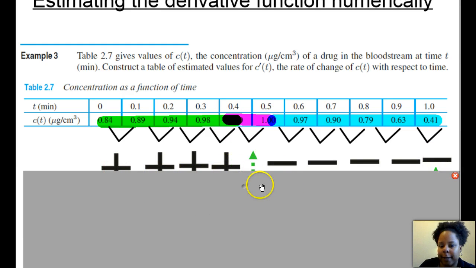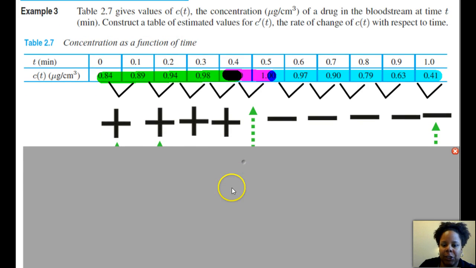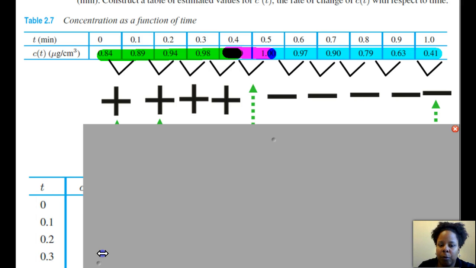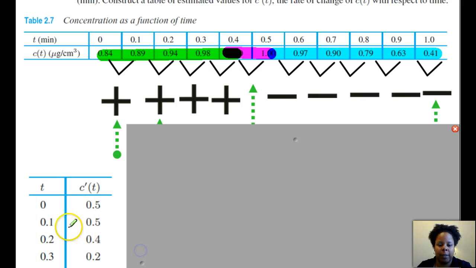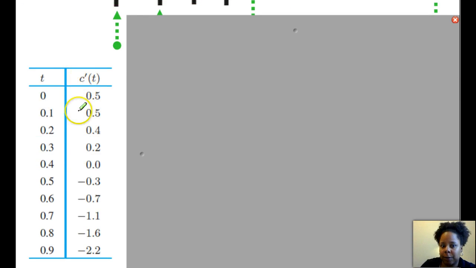So we can use this information to compute the average rate of change over the 0.1 interval, which is what we've done here, and we're going to include that as our derivative function of c, because these are the slope values, again positive between 0 and 0.4, and then negative between 0.5 and 0.9.